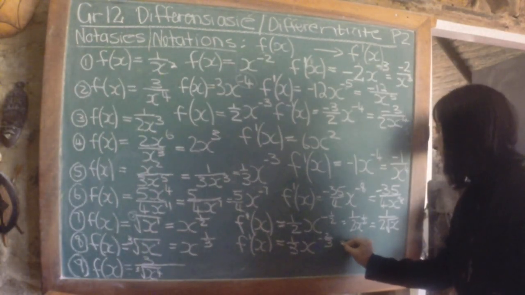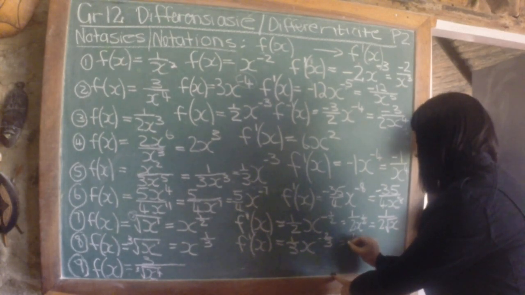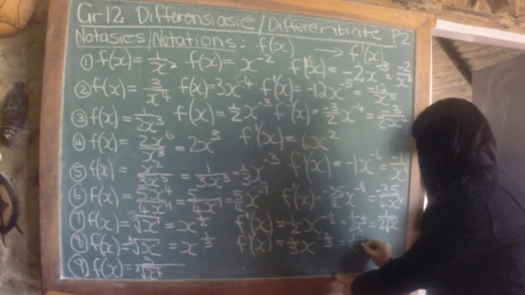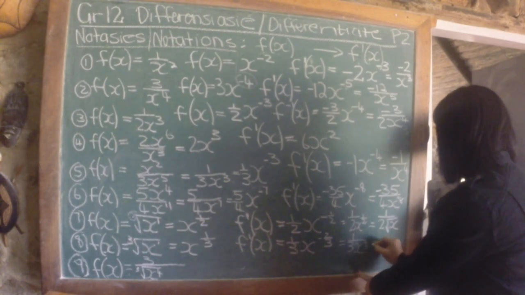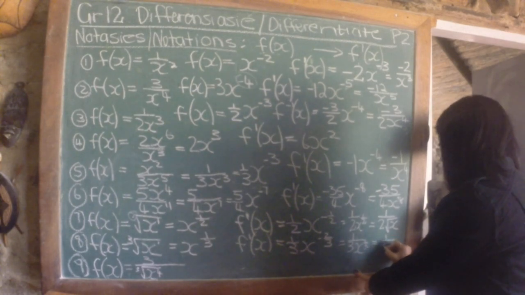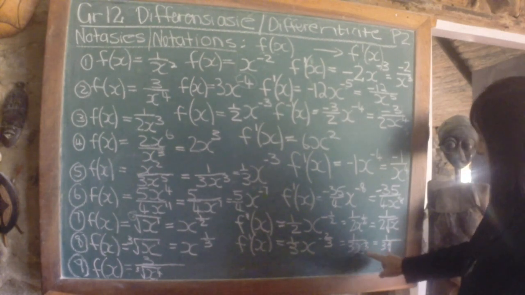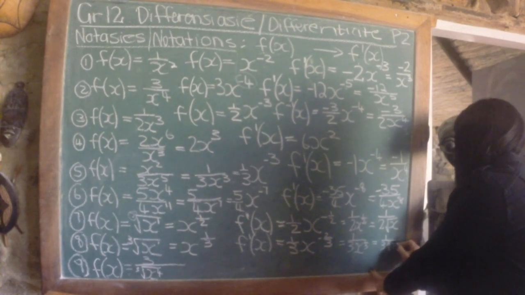So ek het 1 op 3x tot die mag 2/3. And if I replace my root sign, it's going to be 1 on 3 root, and it's the cube root. Take that 3 back to the root there, over there, x square.